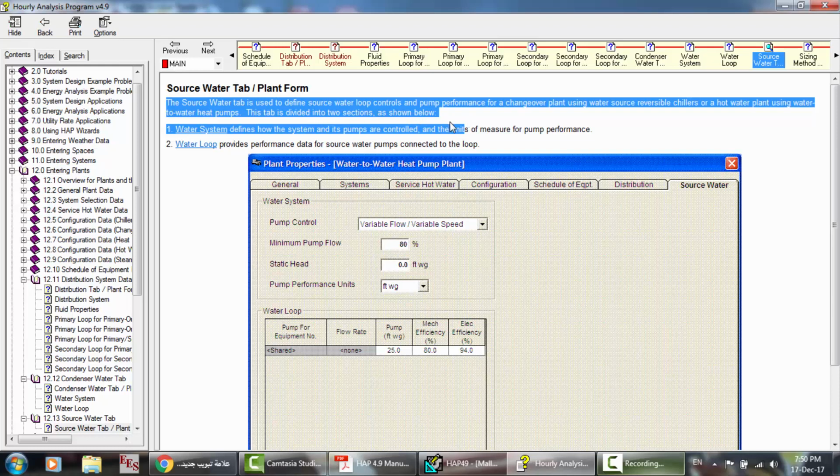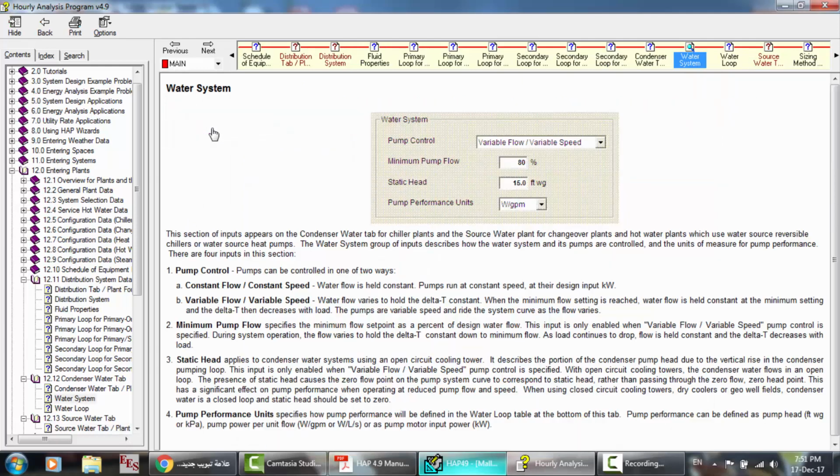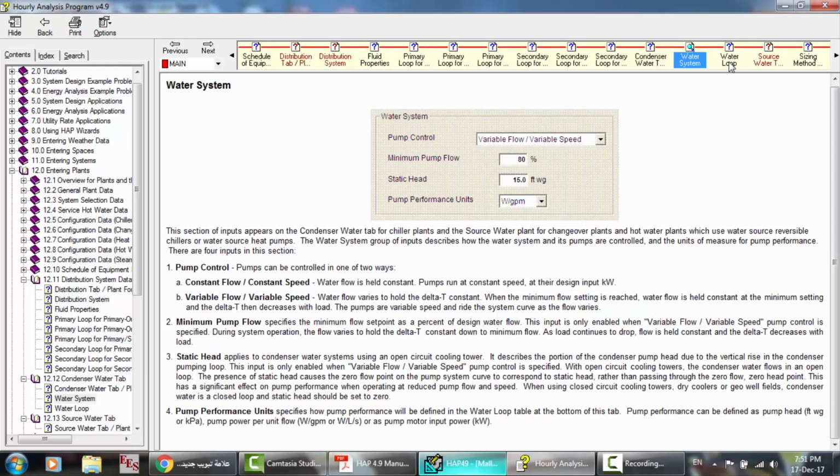This tab is divided into two sections as shown below. Exactly. So we have to get the constant flow, constant speed, or variable flow, variable speed. Exactly what I've just said. We'll get the minimum pump flow and the static head for this water system.